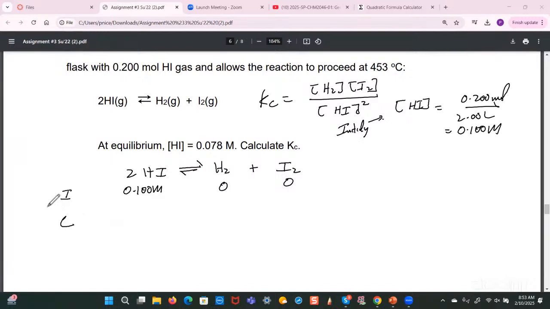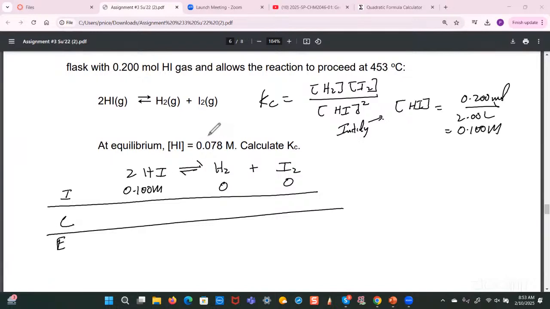We don't know what the changes are yet, but what we do know is that at equilibrium, the concentration of HI is 0.078 M. So the question is, what would be the change in the HI? The initial value was 0.100, and then at equilibrium, it's 0.078.